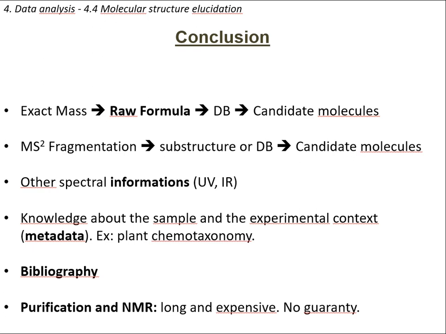So if you know your sample, maybe you can have clues about the kind of metabolites you are supposed to find in these plants. Then there is the bibliography. If someone has already found this compound, maybe you can find it.